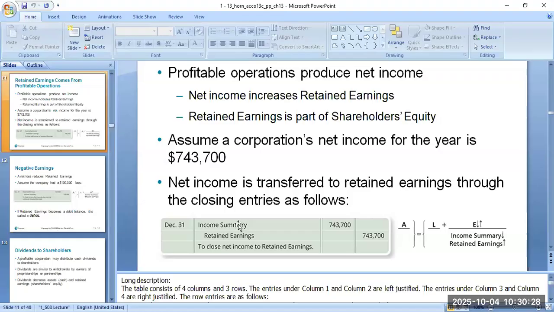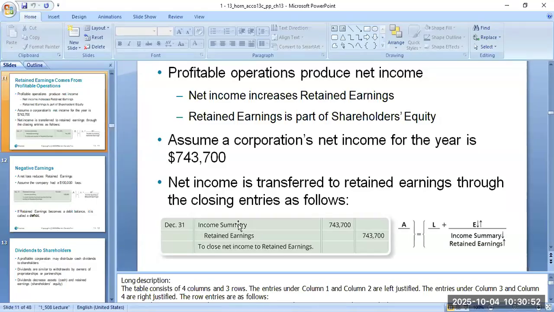So we keep that $200,000 for the next period, and we put those $200,000 as a beginning balance. Next year, we generate new revenue. At the end of the period, we're seeing that the revenue account has $600,000.